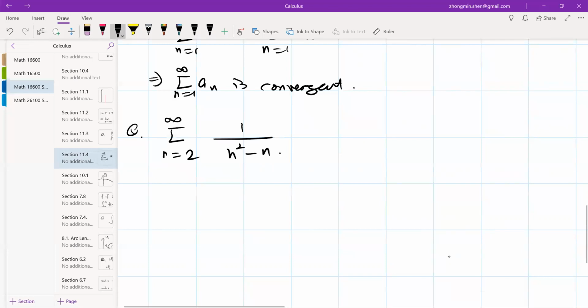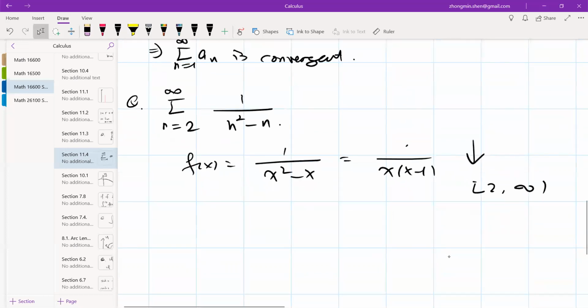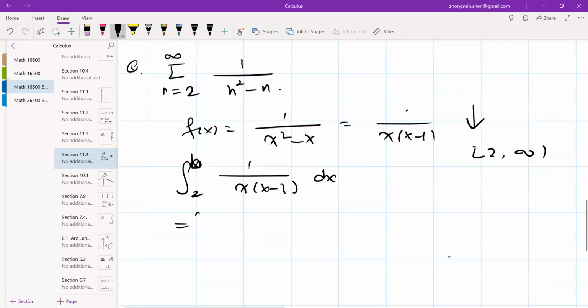First of all, it's clear that f of x equals 1 over x squared minus x. Anyway, this is decreasing on the interval from 2 to infinity, no problem. And then the integral of this function you can evaluate by partial fractions.